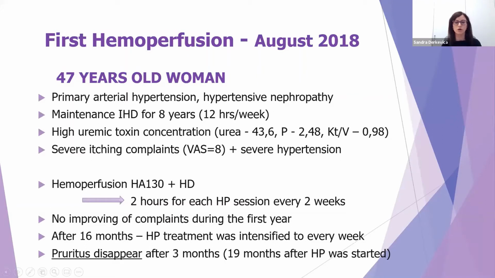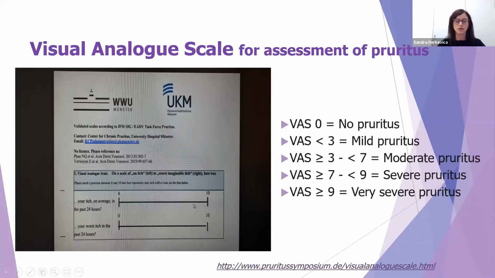No improvement of complaints during the first year. And after 16 months, hemoperfusion treatment was intensified to every week. Pruritus disappeared after 3 months. For assessment of pruritus, we used a visual analog scale with marks from 0 to 10.